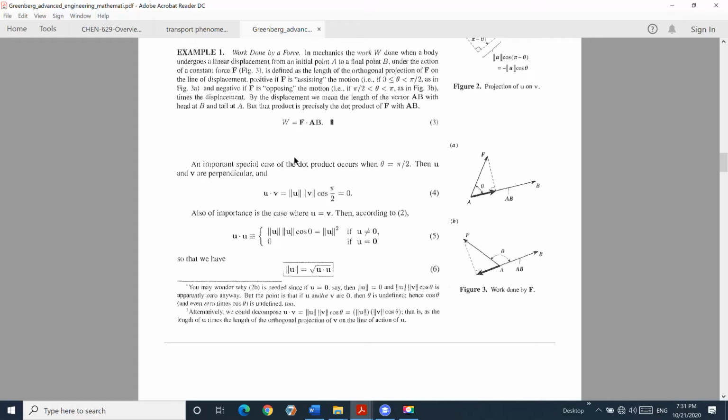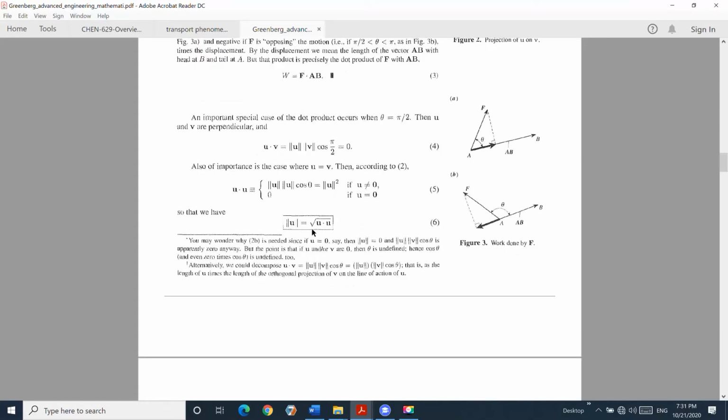So this is a good example to understand the physical meaning of the dot product.